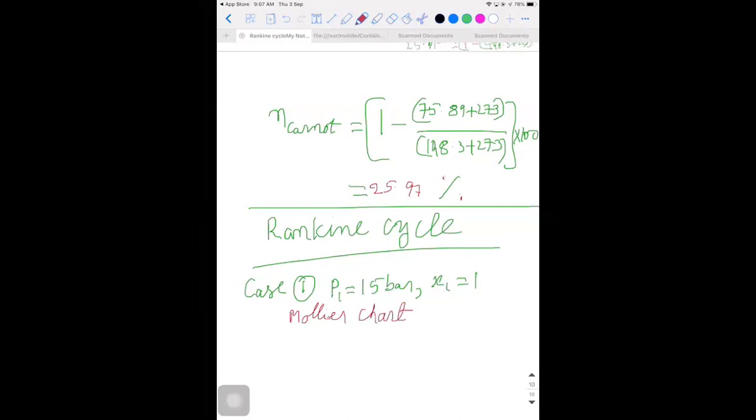Let us have this using Mollier chart. This is method one, sir, and the second method is steam tables. And before that, let us draw the HS diagram here.